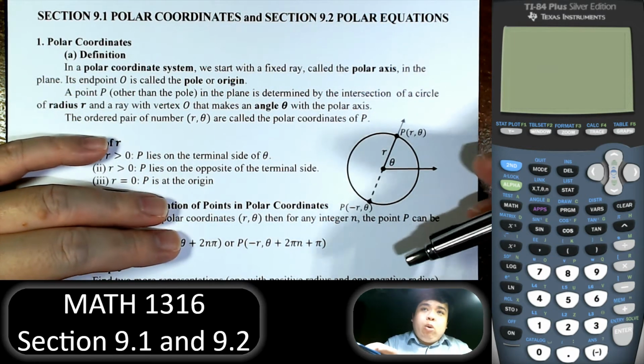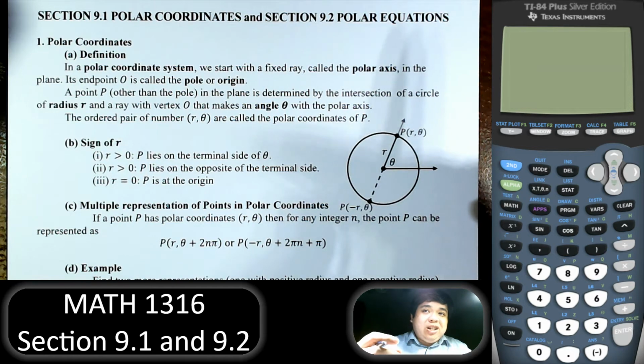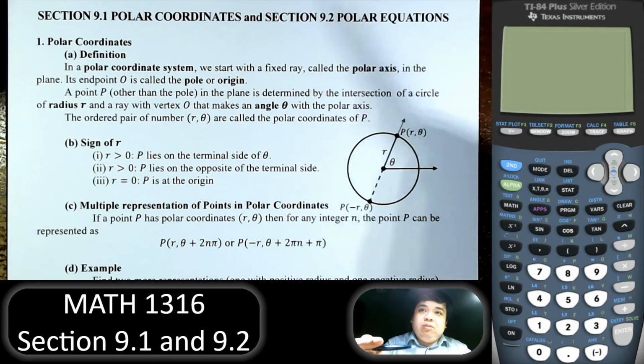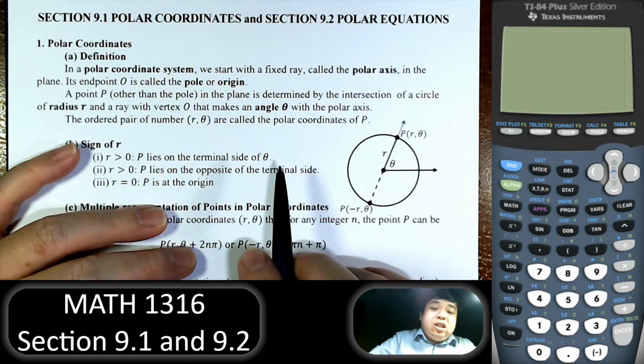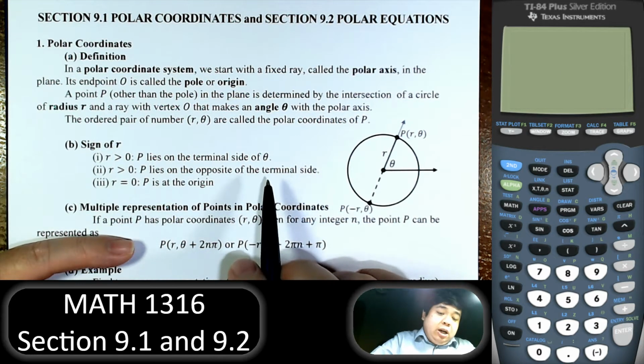Up to this point, we have used rectangular or Cartesian coordinates, x and y. But this time, to identify a point in two-dimensional space, or a point on the plane, instead of using x and y, we could use different things.